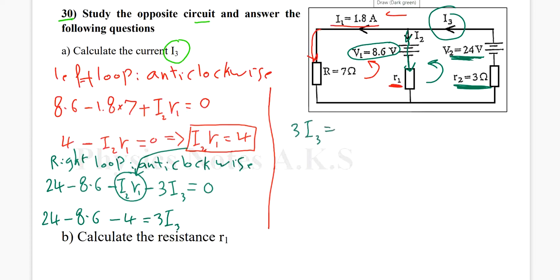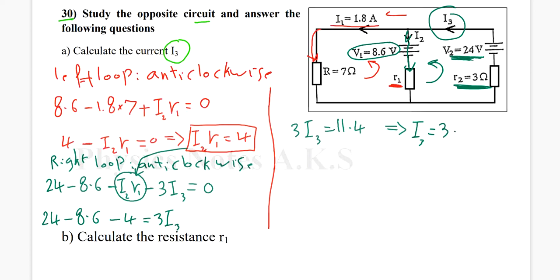Let me use my calculator. 24 minus 8.6 minus 4 equals to 11.4. So the 3 I3 is going to be 11.4. Now if I want I3, I just divide both sides by 3. I will get 3.8 ampere.